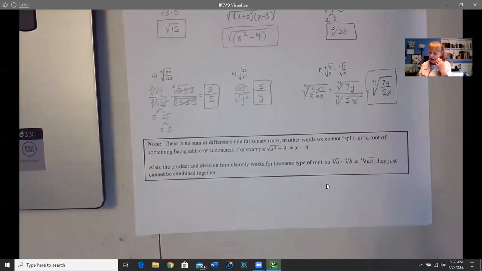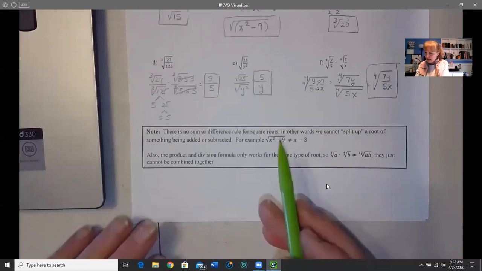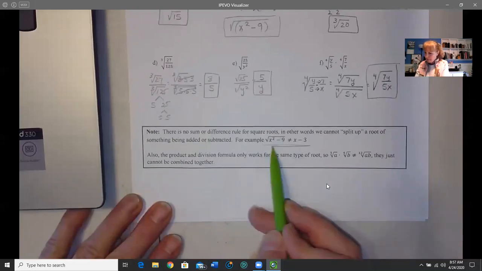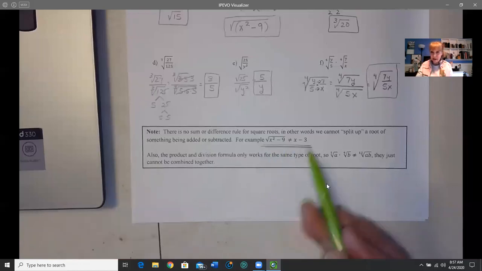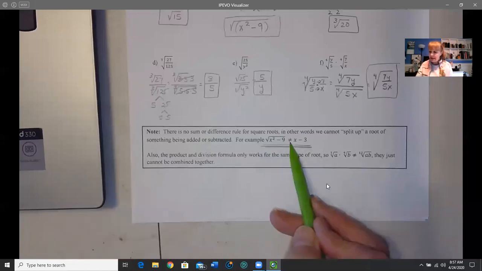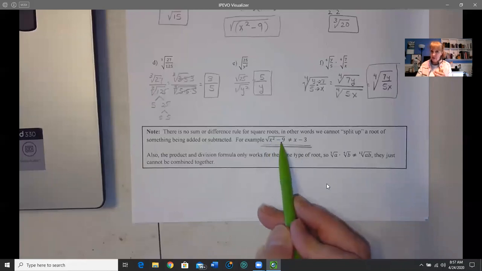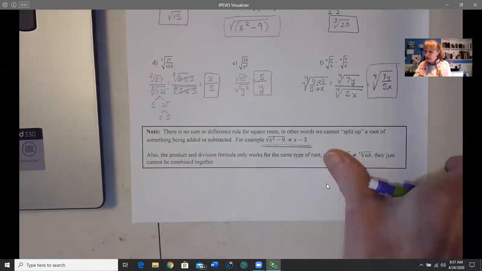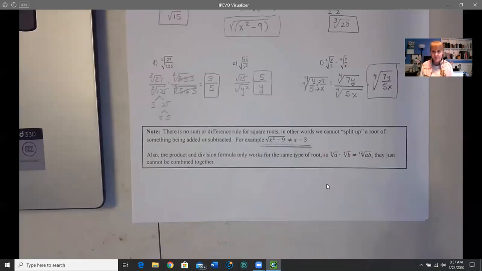Now this last box down here, it just went over what we talked about with that B, and that's this right here. Make sure you don't make that mistake. So that a does not equal x minus 3. These cannot be separated from each other. They go together or they don't go at all. You would have to have had 2 of the x squared minus 9s in order to pull it out.